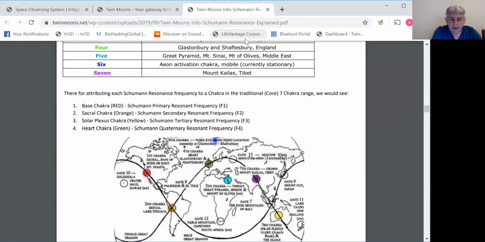And consistently, the point is being made that any change that is happening to the planet would also happen to us. And it's clear that the planet is going through a period of enhanced energetic disruption that's causing these frequencies to change.